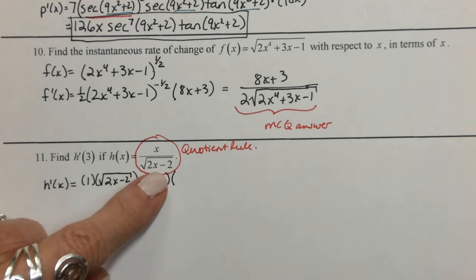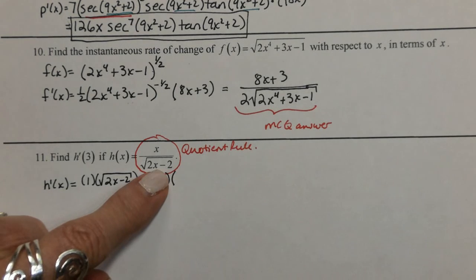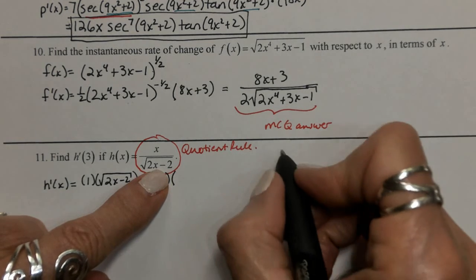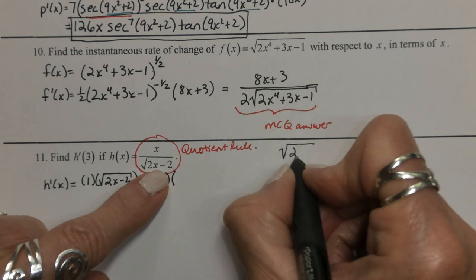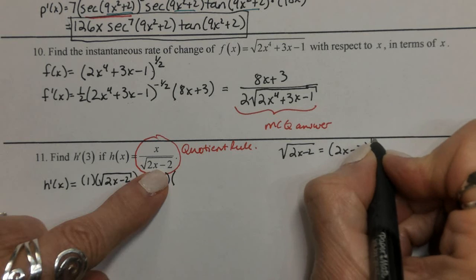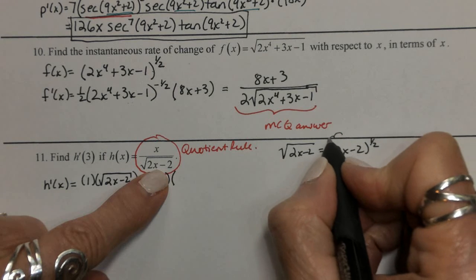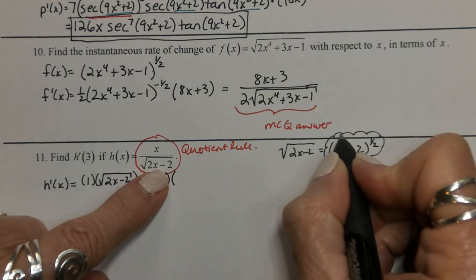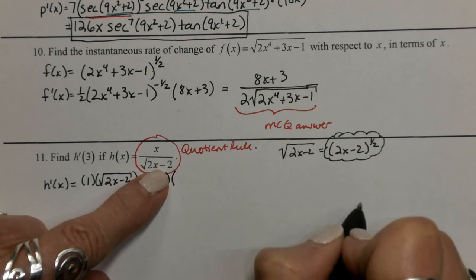The derivative of the bottom involves a chain rule, because the square root of 2x minus 2 is 2x minus 2 to the 1/2 power. So I'm taking the derivative of this thing, and that's a chain rule.